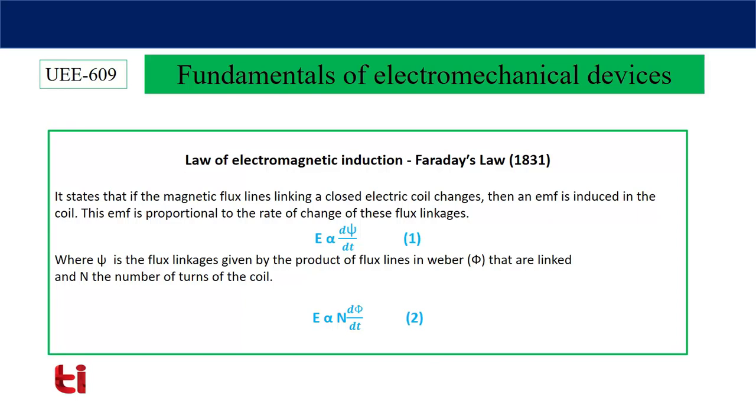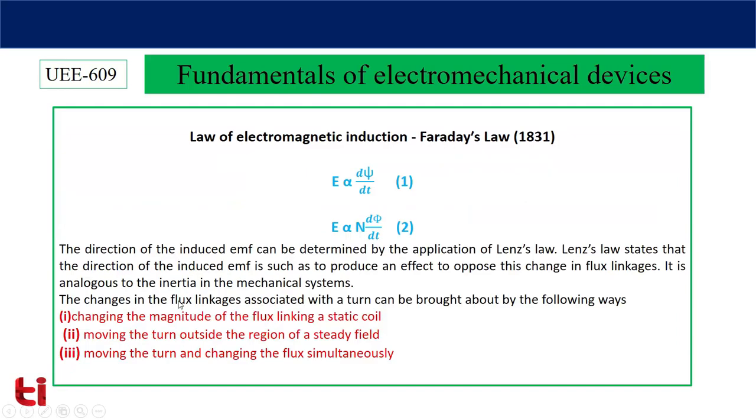Psi can be expressed as phi times the number of turns of the coil. Phi is flux lines in Weber. So psi is equal to Weber turns, phi times N. So equation 1 can be represented as E proportional to N dφ/dt.